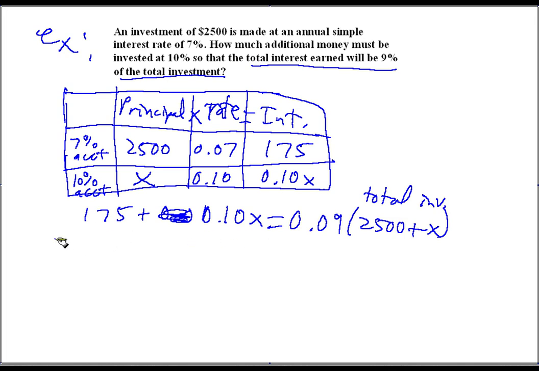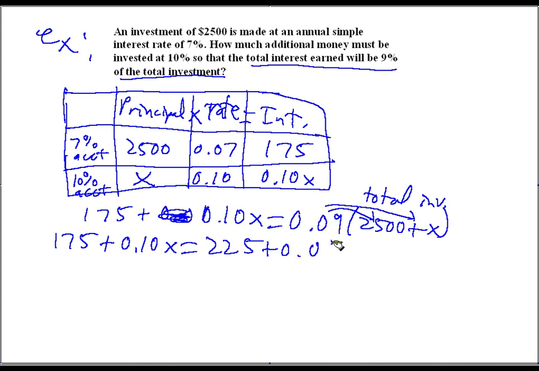So that's going to be 175 plus 0.10x equal to, let me distribute, 0.09 times 2,500, which is 225. So 225, and then 0.09 times x is going to be 0.09x. Let's get x on the left side, numbers on the right side. Let me subtract 0.09x from both sides.